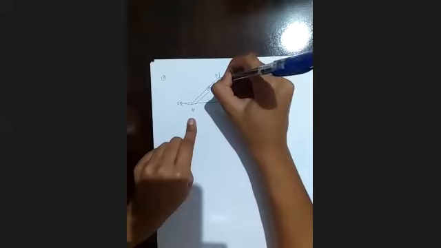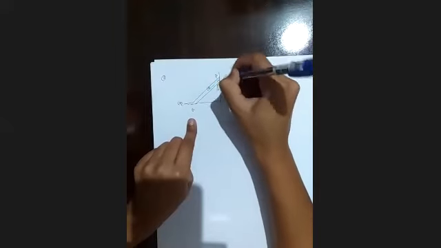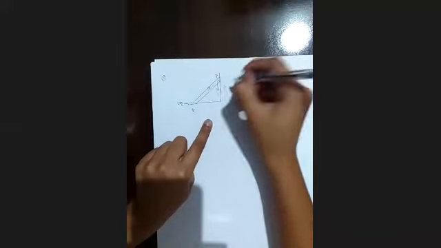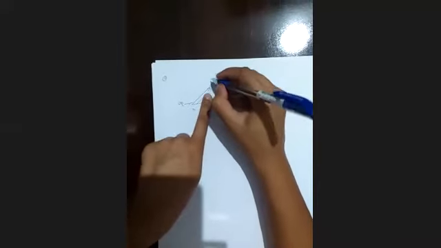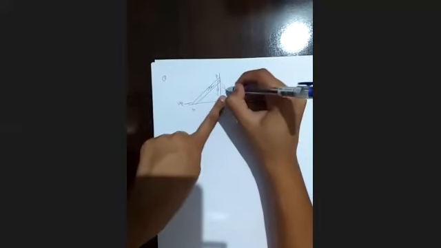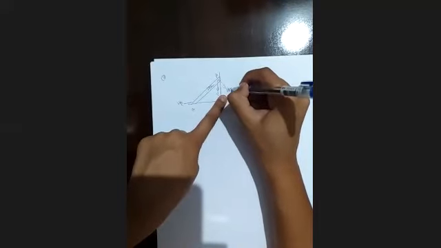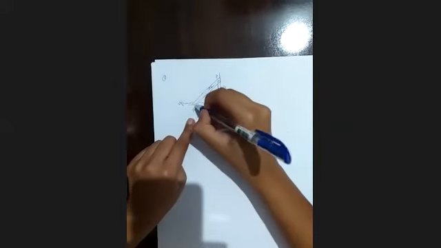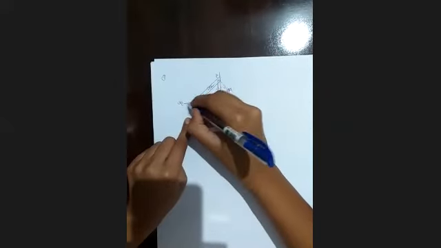Then by component divide, this is V. Then it is coming as VA radial, and this is coming as VA tangential. So this is by component divide for this.